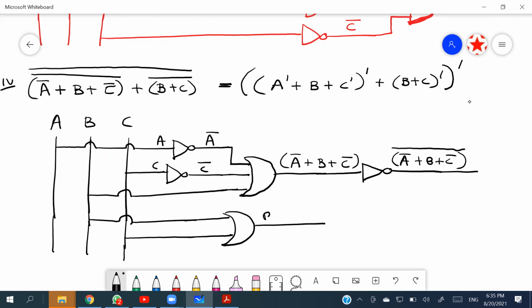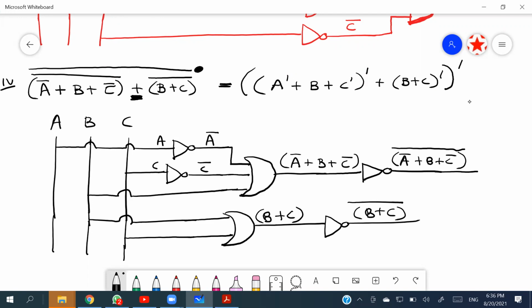So it's going to give me B plus C. And again, I'm going to put it through a NOT gate, which gives me B plus C total bar. Now I have a plus mark to deal with. That means an OR gate. And I got a total bar at the top of it.